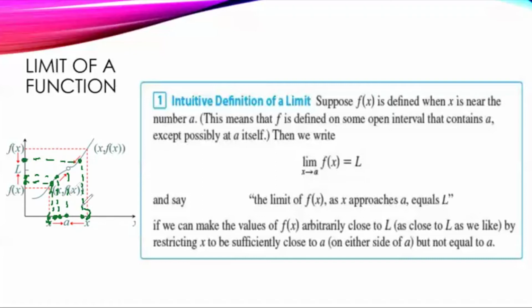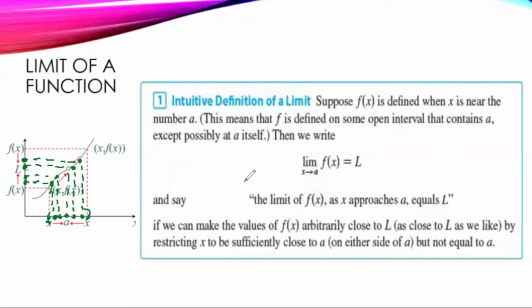That is the y value if this is our x. How about if this is our x? Because we assume that x approaches this point A, the corresponding y value is this. And so on.